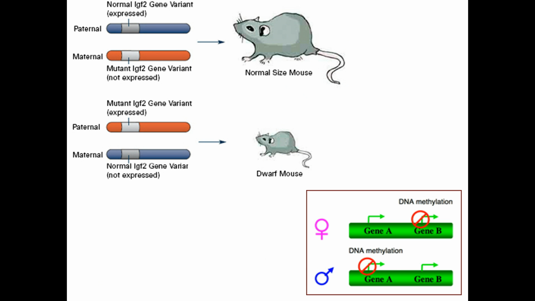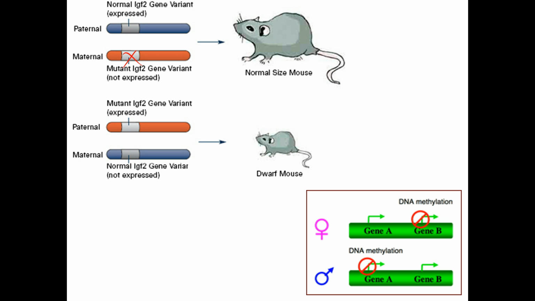Here, the normal IGF2 gene variant is expressed from the paternal chromosome, normal size of the mouse. The mutant IGF2 gene variant is not expressed from the maternal chromosome. In this case, it's not expressed because it's been methylated. Now, if the IGF2 gene variant from the dad is expressed, you get a dwarf mouse.